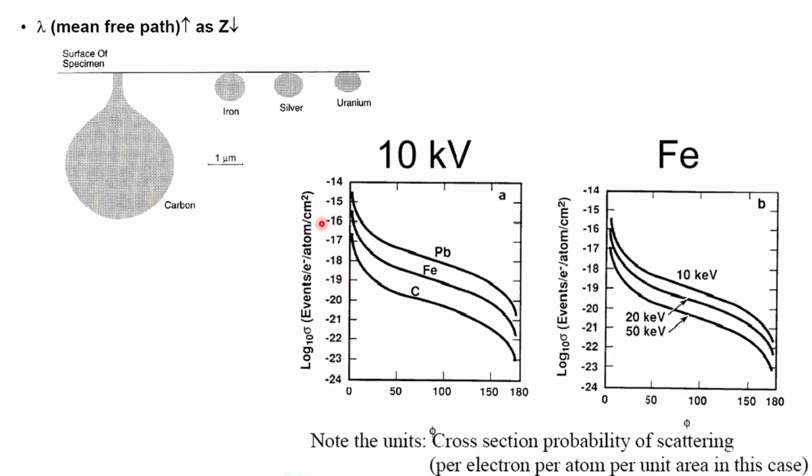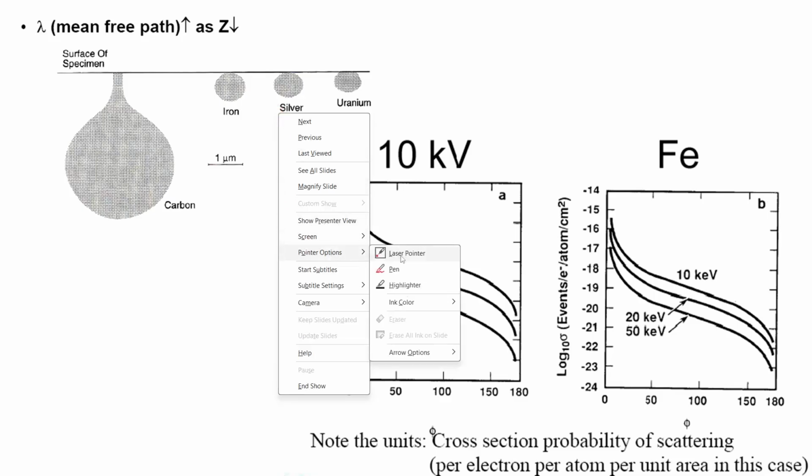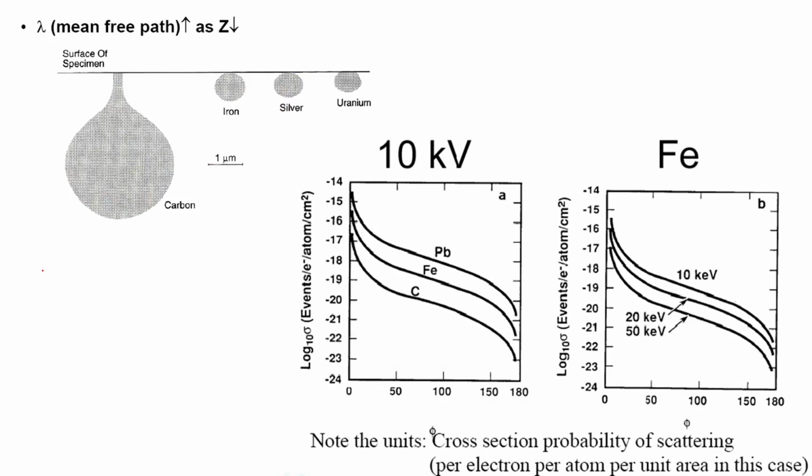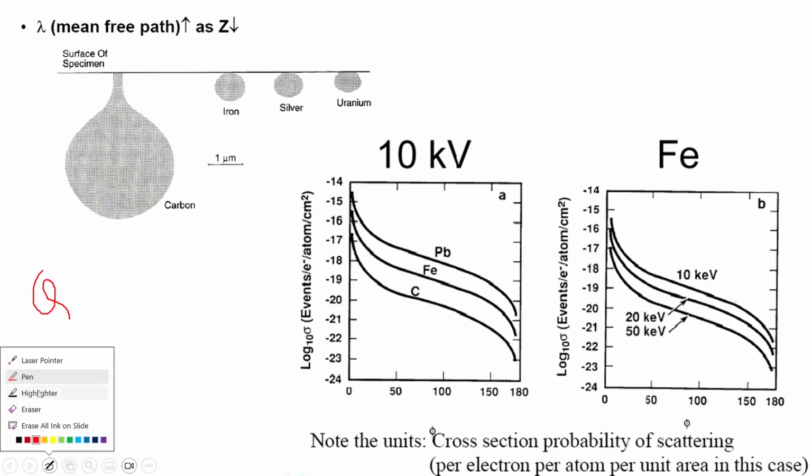Here in this graph, this y-axis is basically the probability of an event to occur, which is how the scattering is taking place. There is one formula given as Q, this log of sigma.